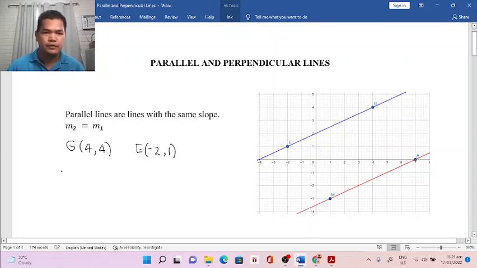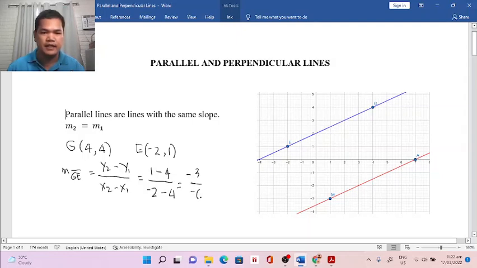So the slope of GE is equal to, for our formula, y sub 2 minus y sub 1 over x sub 2 minus x sub 1. 1 minus 4 over -2 minus 4. And that is -3 over -6. And we can have it as 1/2.